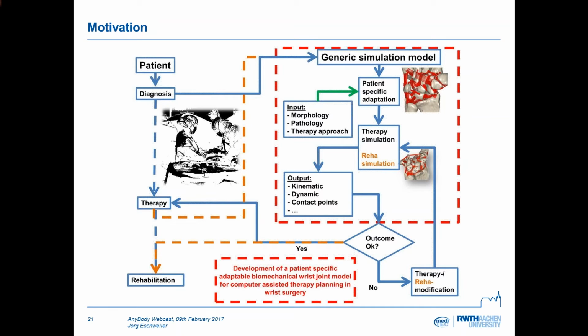The idea behind is to use this developed model not only for the surgical therapy planning, so that the surgeon can preoperatively simulate the outcome of the intervention, but also for the planning of the rehabilitation, to prove, for example, the progress in a case and, in case of differences, to adapt the rehabilitation therapy after wrist interventions. This is part of our future work.